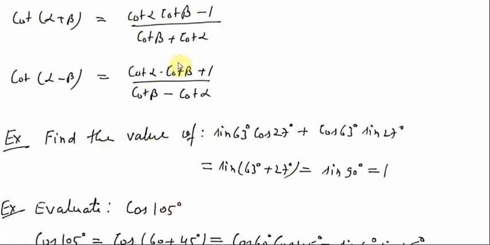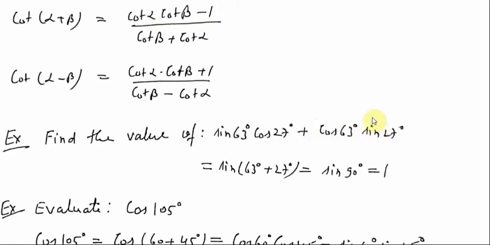So how will we use the above identities? These examples we are showing here. Find the value of sine 63 degree cos 27 degree plus cos 63 degree into sine 27 degree. This is based on the formula for sine (alpha plus beta): sine alpha cos beta plus cos alpha sine beta.